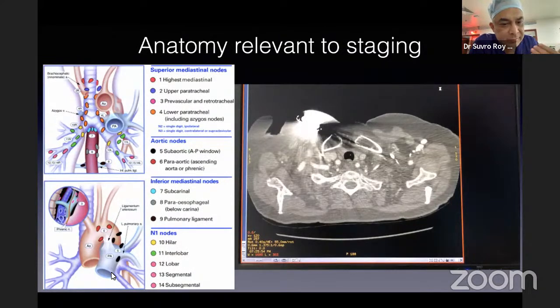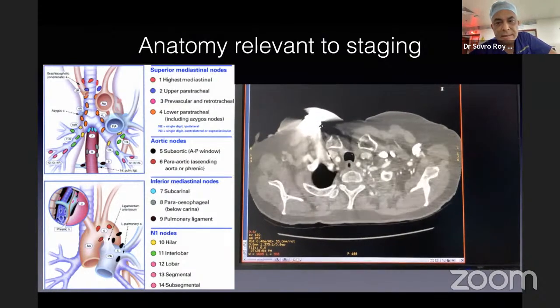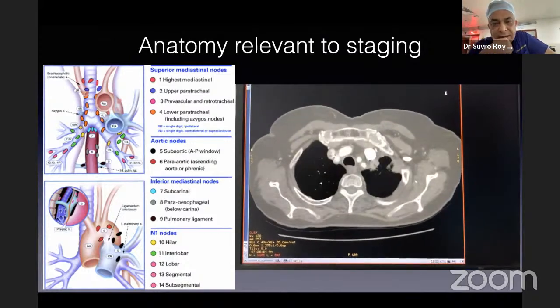And then the inferior mediastinal nodes, which are the subcarinal, the paraesophageal, or the inferior hilar, or the pulmonary ligament nodes. And then you have the N1 nodes, which are the hilar nodes. So, 10R, 10L, etc. The interlobar nodes. And as you go down the bronchus, further down segmentally into the bronchus, you can go 10, 11, 12, 13, 14.